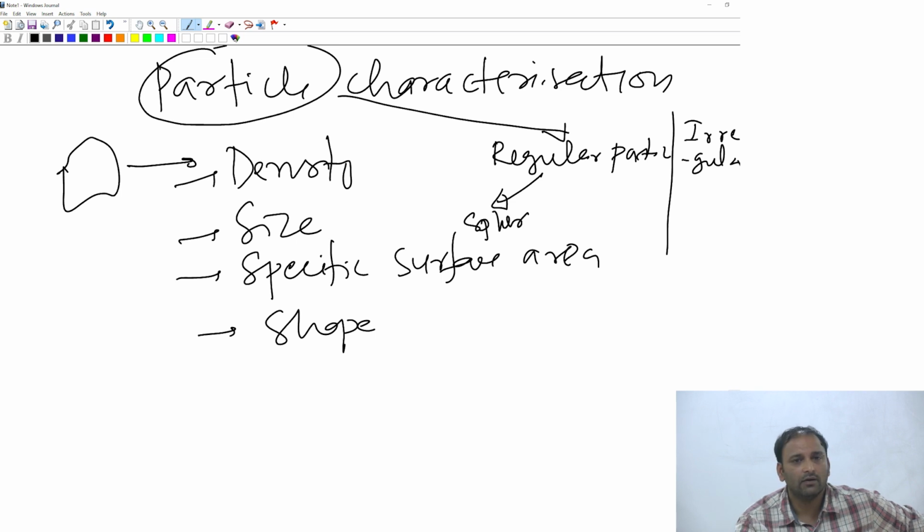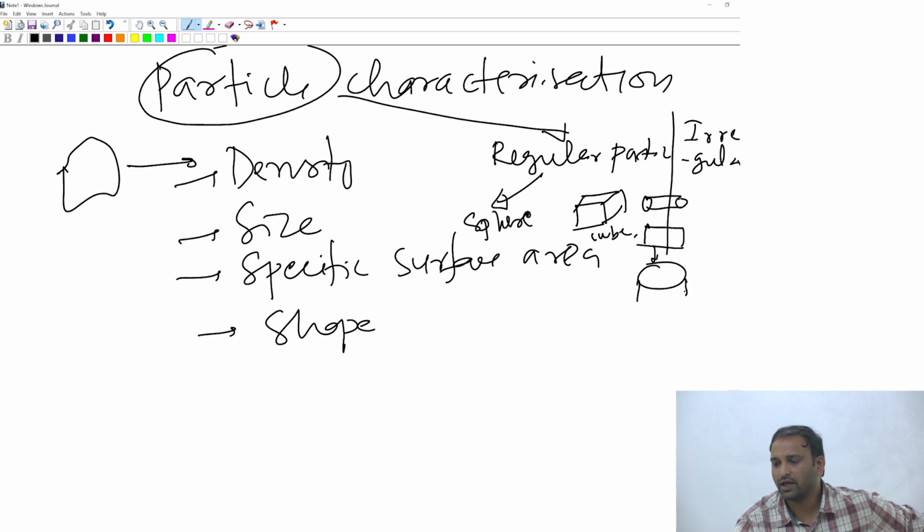You could have, say, a sphere, or a cube-like particle, or, say, a cylinder, or a disc-like particle, right? So maybe that's the side view. The top view is going to be something like this, right? That's your disc-like particle.